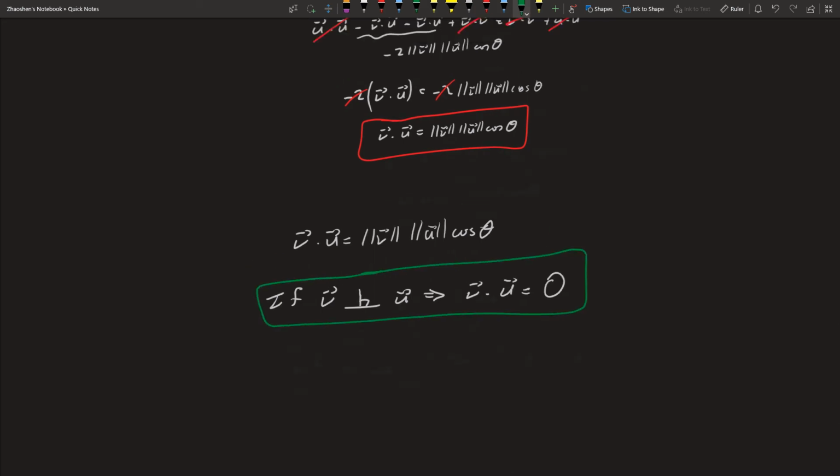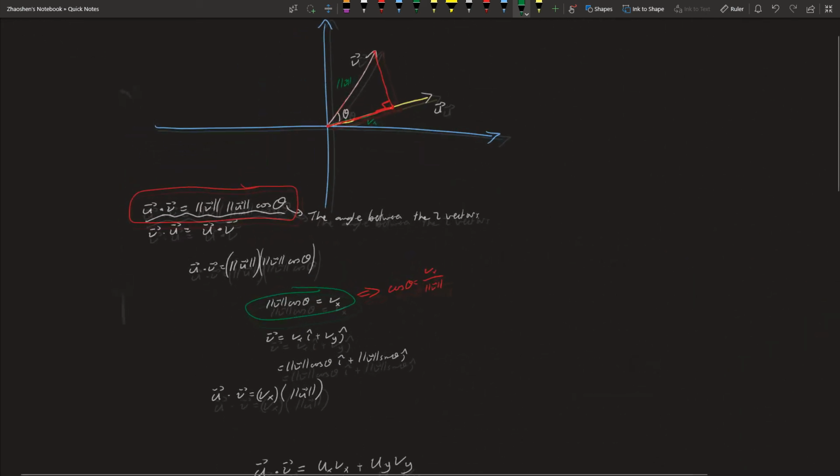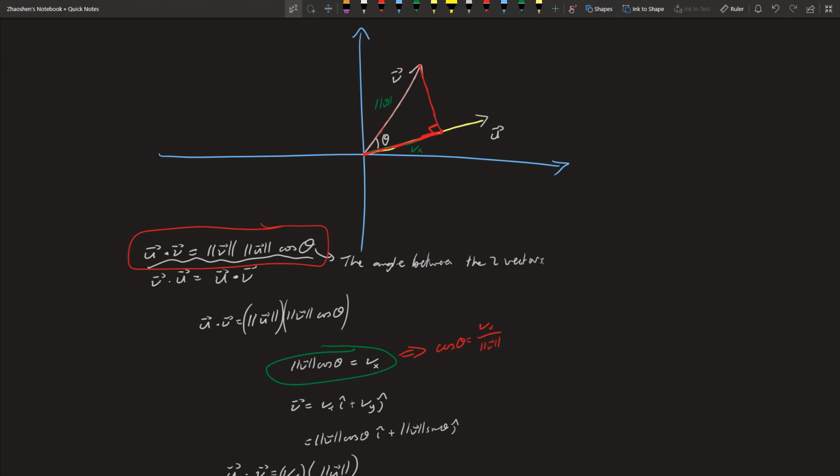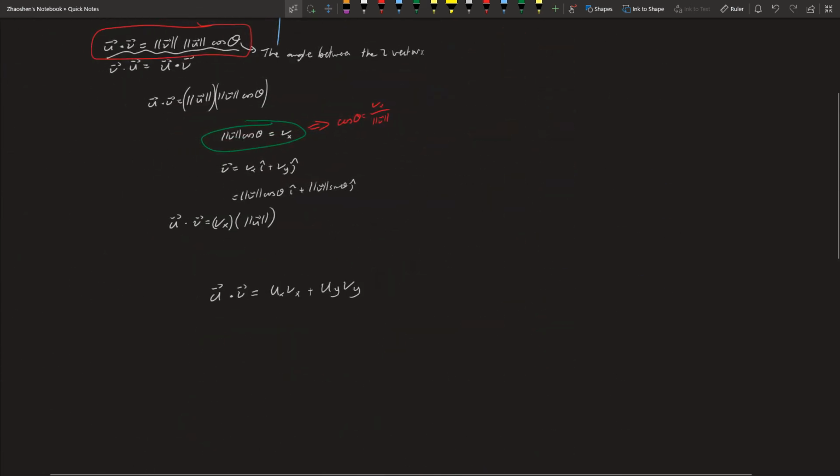Now, another thing. Remember in the beginning of the video, I mentioned that if two vectors are sort of headed in the same direction, that means theta is less than 90, the dot product will be positive. If they are pointing in more or less opposite directions, meaning that theta is greater than 90, the dot product will be negative. So let me write this down.